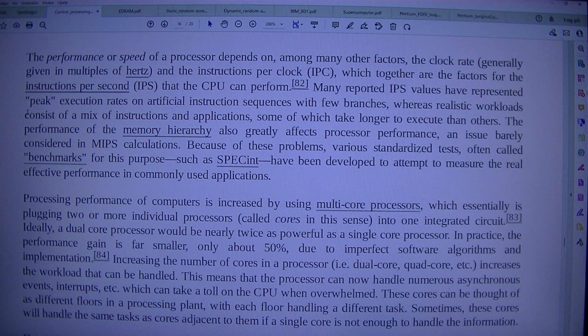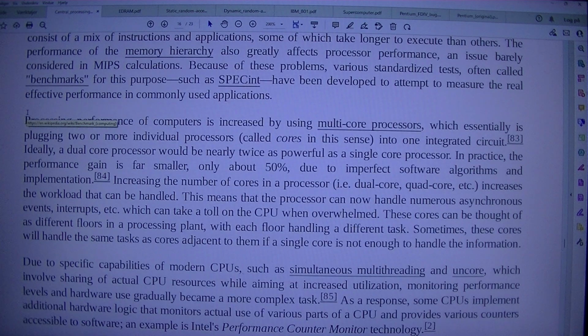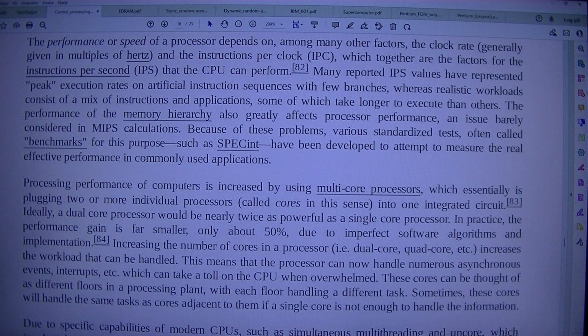The performance or speed of a processor depends on, among many other factors, the clock rate, generally given in multiples of hertz, and the instructions per clock, IPC, which together are the factors for the instructions per second, IPS, that the CPU can perform. 82. Many reported IPS values have represented peak execution rates on artificial instruction sequences with few branches, whereas realistic workloads consist of a mix of instructions and applications, some of which take longer to execute than others.